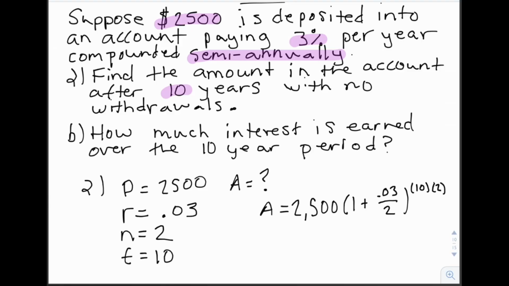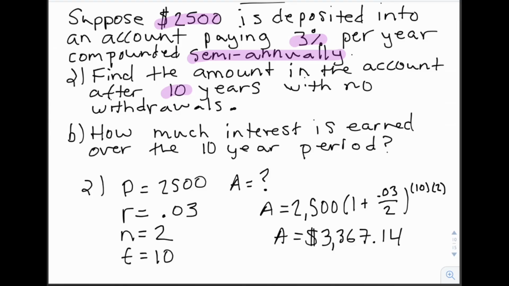Okay, so if we plug that into our calculator, we should get a value of $3,367.14, which makes sense because we have some sort of interest.